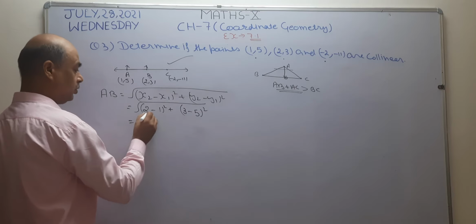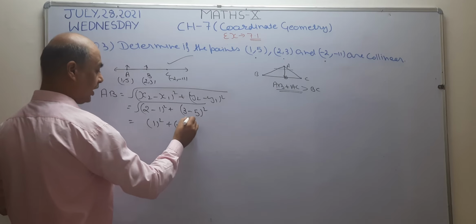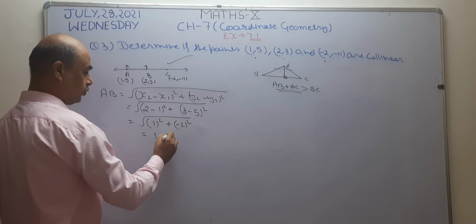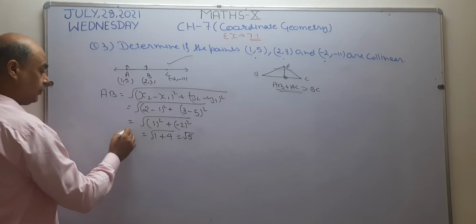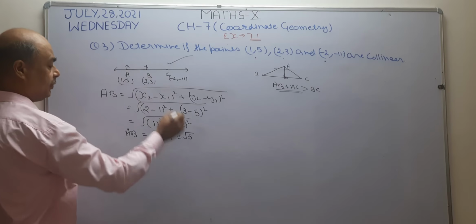Now 2 minus 1 is 1, 3 minus 5 is -2, and its square. The square of 1 is 1, the square of -2 is 4, so this becomes root 5. So the value of AB, the distance between these 2 points, is root 5.